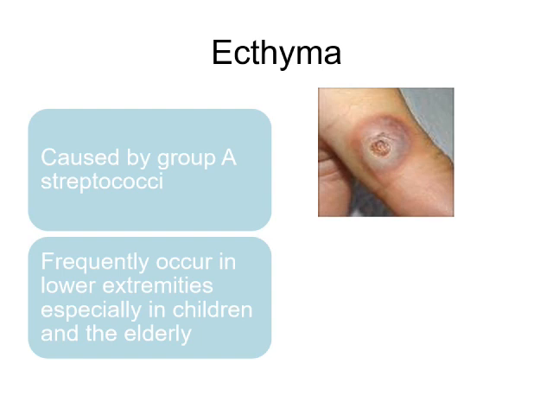It consists of a punched out ulcer, which is covered by yellow crusts that extend into the dermis and are surrounded by violaceous margins. As you can see, there's purple margins.